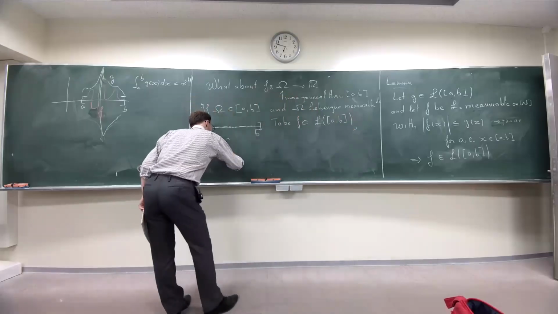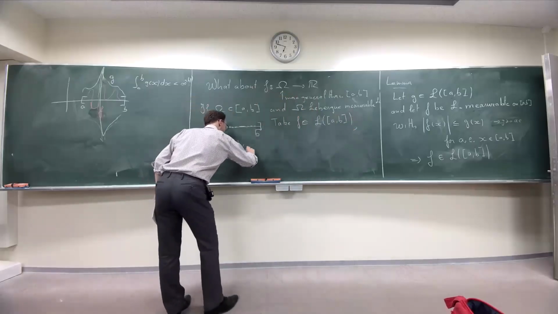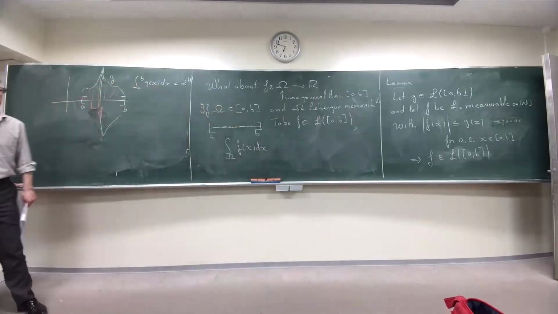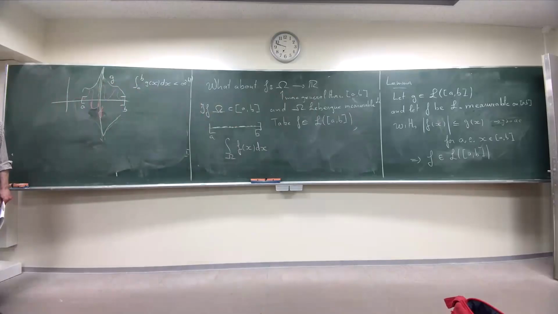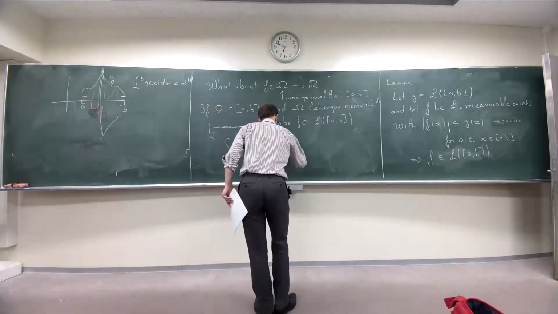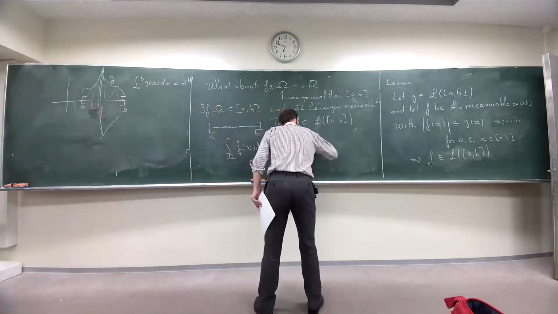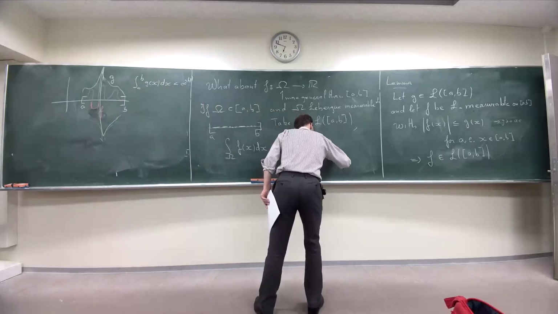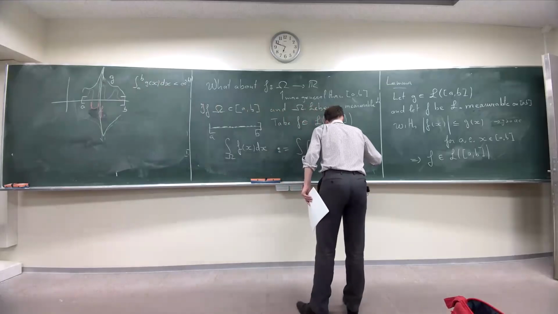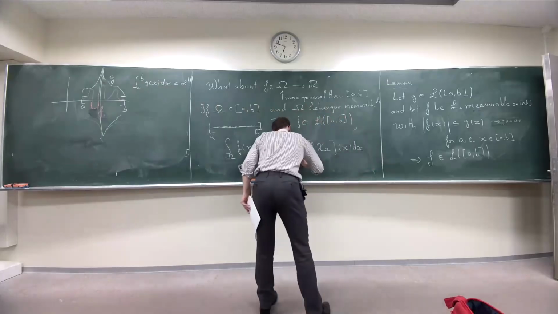How can I define the integral of f on this set Omega? Simplest solution: just define it as the integral of f times the characteristic function of Omega, of x, dx on AB.